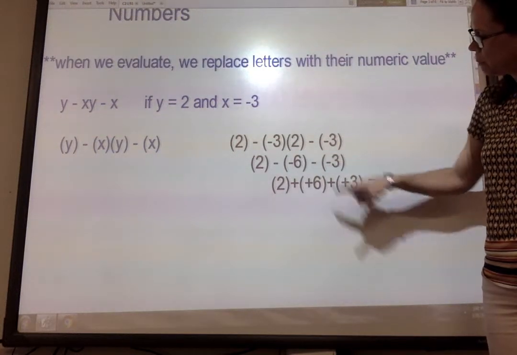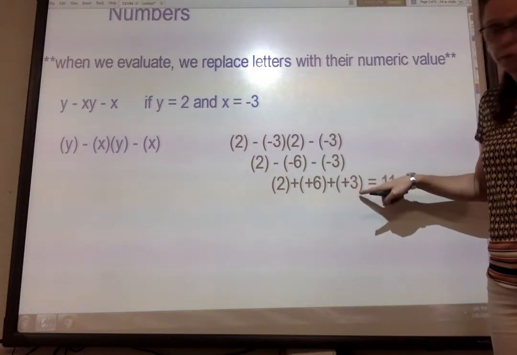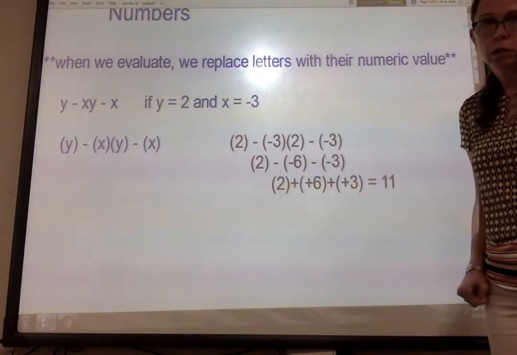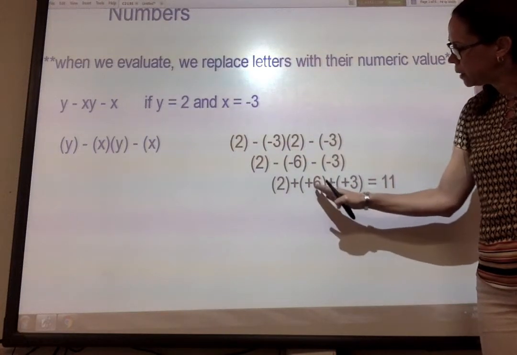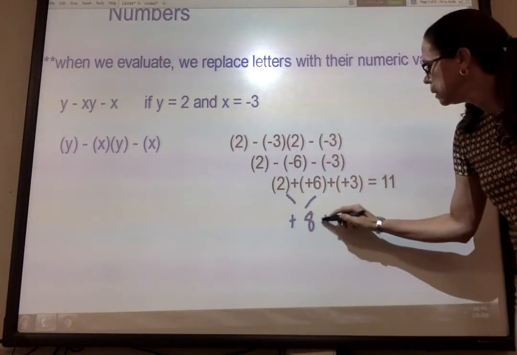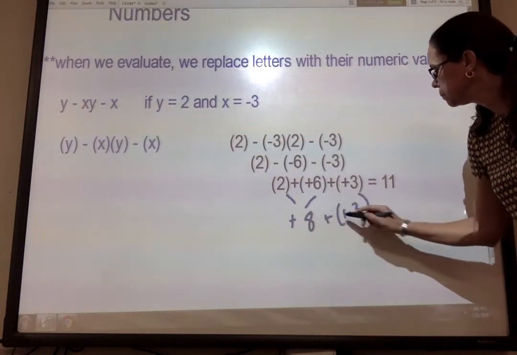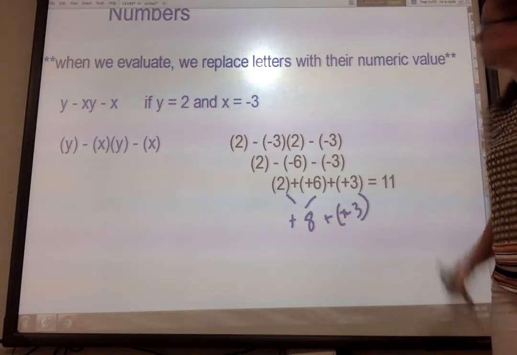Instead of subtraction, I'm going to add, and the opposite of -3 is +3. So now I have all additions, okay? Addition here, addition here. 2 plus a +6. These two together give me a +8 plus a +3. Same sign, add and keep, and my answer is 11. Okay?